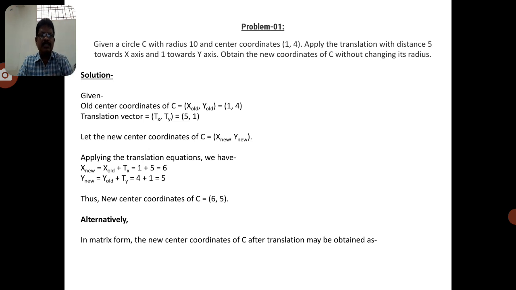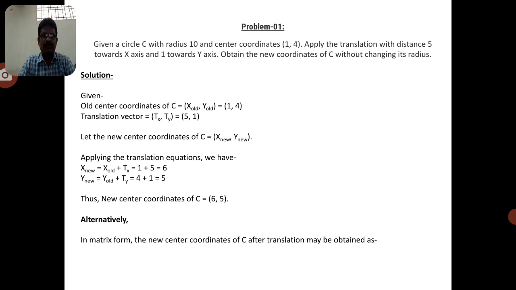The given x world and y world equal 1, 4. The x coordinate is 1 and the y coordinate is 4. Based on that we can draw that particular graph. The translation vector is tx equals 5 and ty equals 1. Now we can find the new coordinates after translation, x new and y new. x new equals x world plus tx.